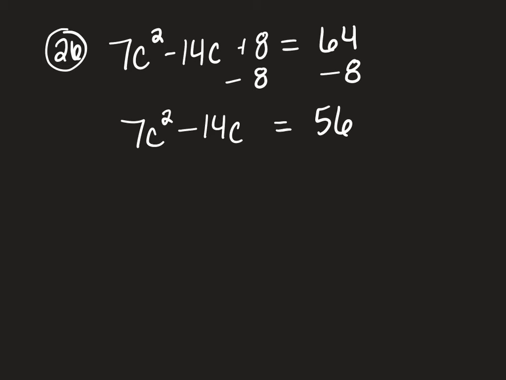We have to get that by itself first. So we're going to divide everything by what? 7. So that's going to give us c squared minus 2c equals 8.